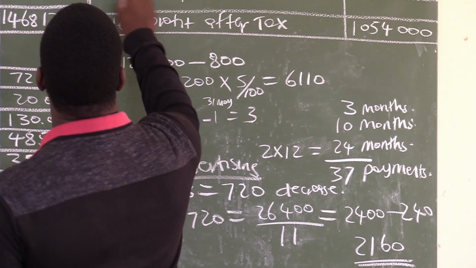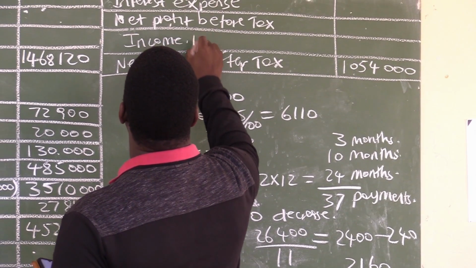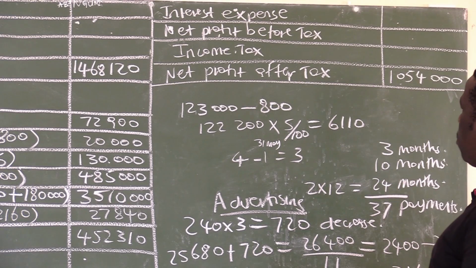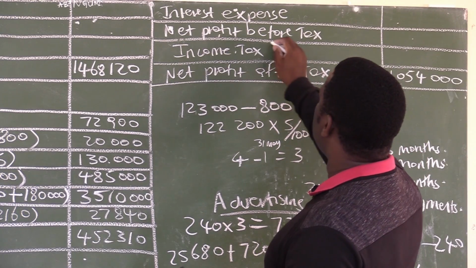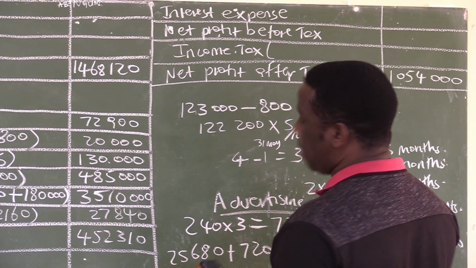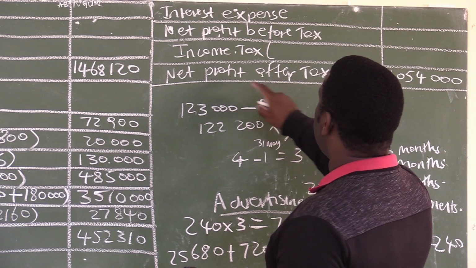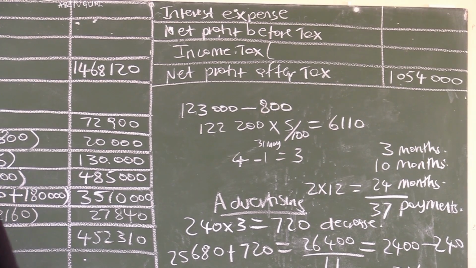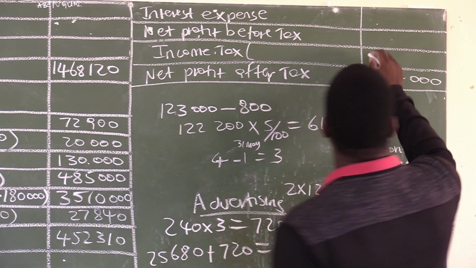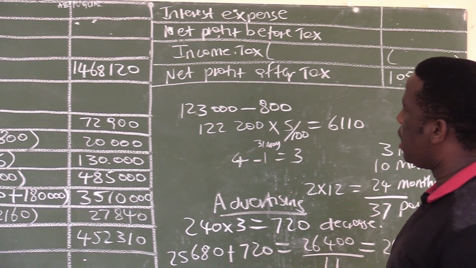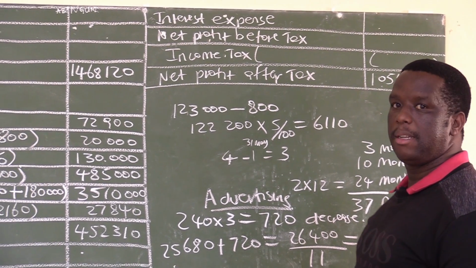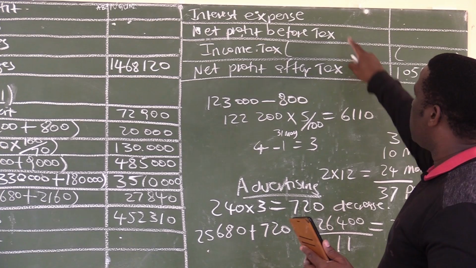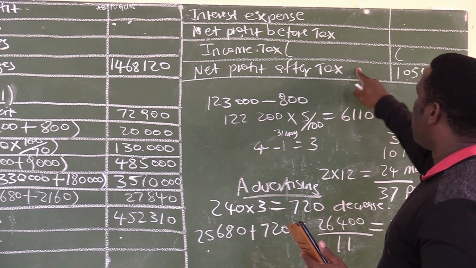So if the income tax rate is 32%, then it means the net profit after tax is 68%, because the before-tax amount is 100% minus tax 32%, which is 68.